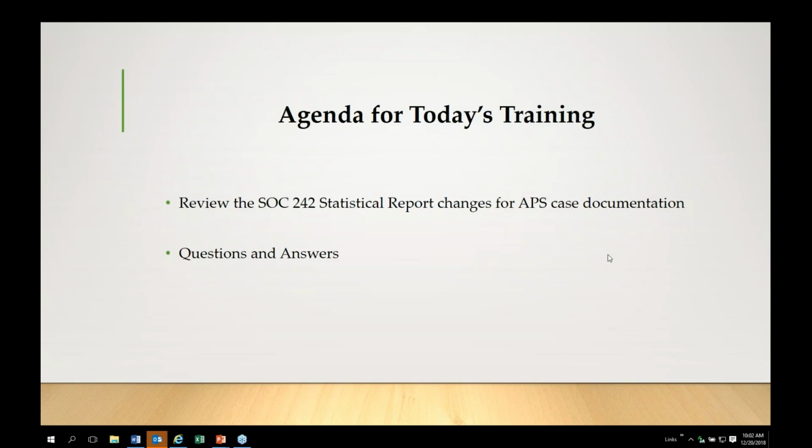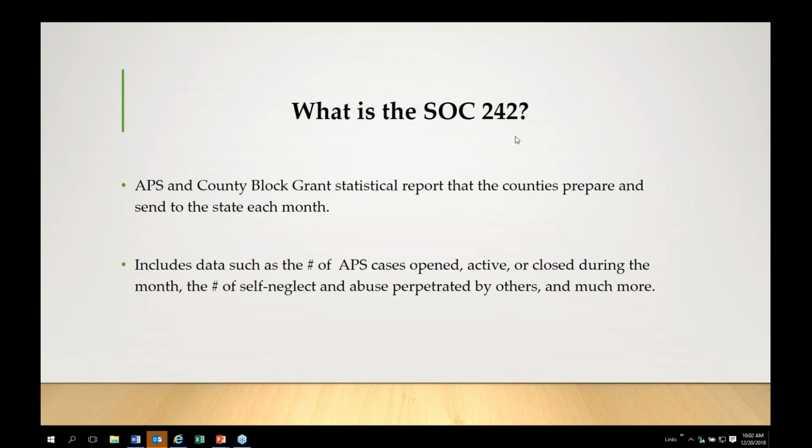All right, so let's go ahead and get started. So what is the SOC 242? Line social workers probably are not dealing with this on a regular basis, but this is a report that the counties prepare and send to the state every month. It's the only way the state gets aggregate data from the counties.